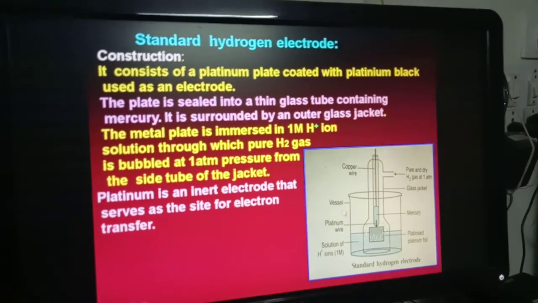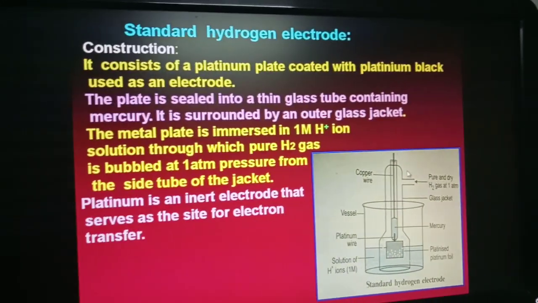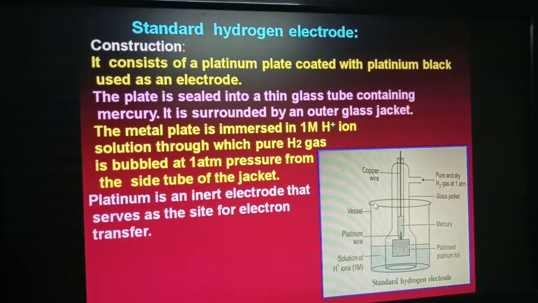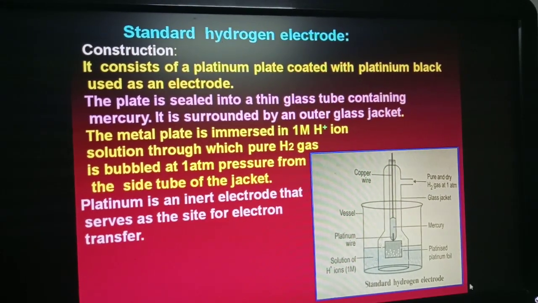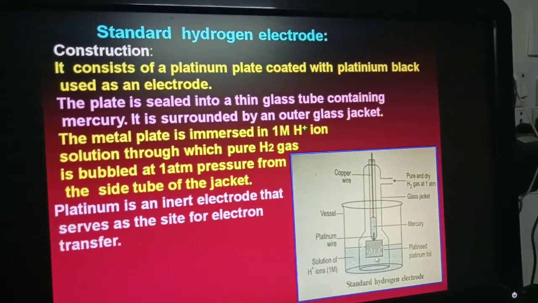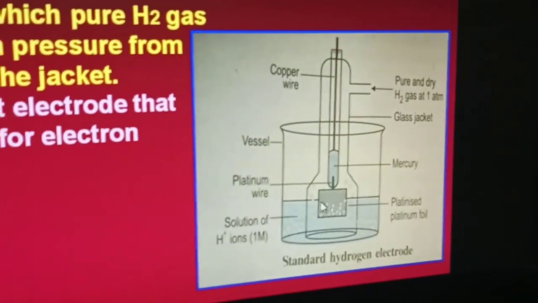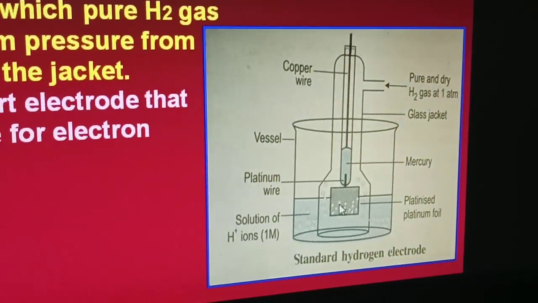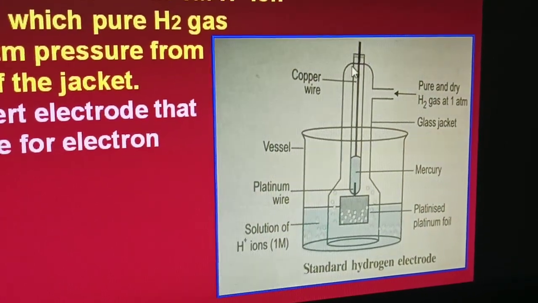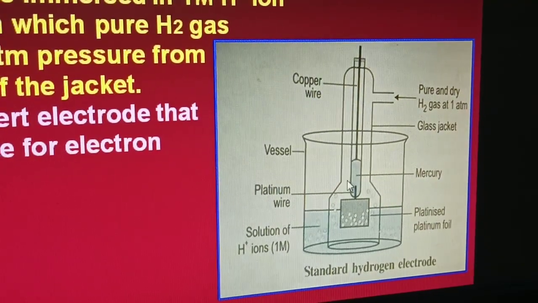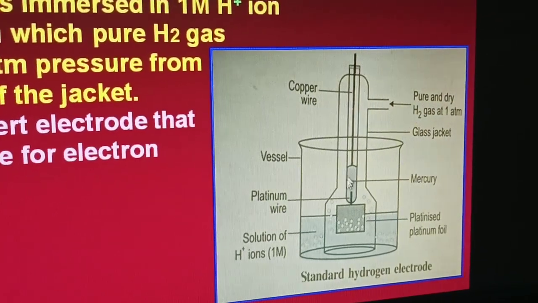Now you can observe the figure of the standard hydrogen electrode over here. The standard hydrogen electrode consists of a platinum plate which is coated with platinum black. This is used as an electrode. This plate is sealed into a thin glass tube which contains mercury at the bottom.